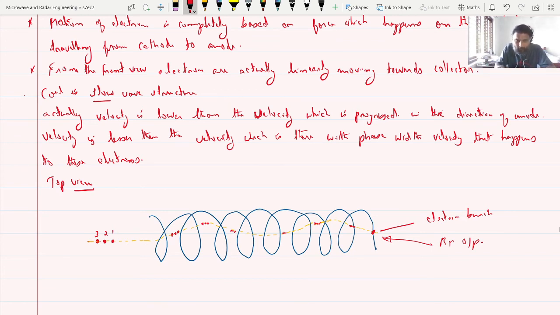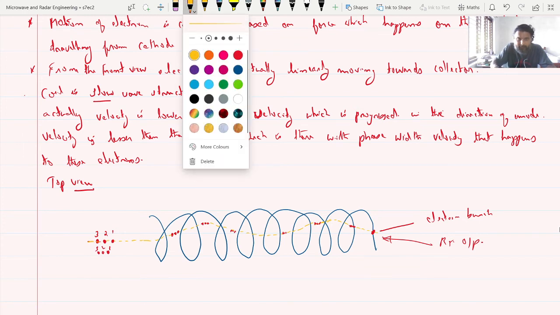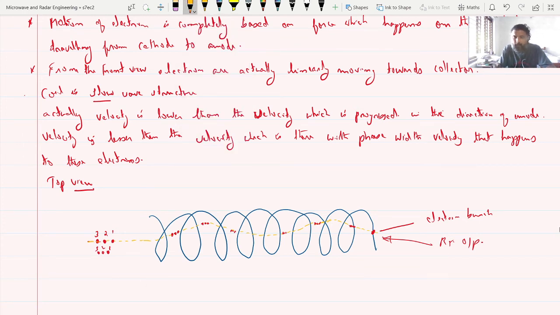during the negative half cycle also, you are having the 3 electrons, 1, 2, 3. If I draw the electron trajectory for the negative half cycle, consider the same figure. I am considering the same figure like this.